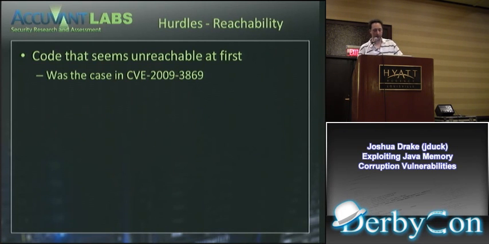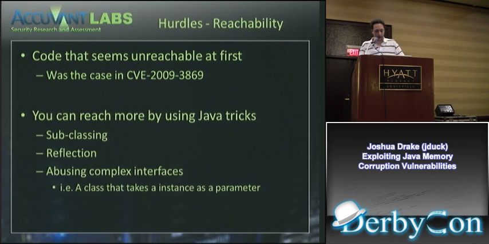So another hurdle is a lot of times some of the Java vulns that come out, like I said, don't have much information, and they may look like they're not exploitable or reachable in any way when you first look at them. And CVE-2009-3869 is actually one of those cases. It turns out that you can reach these pieces of native code by doing all kinds of tricks like subclassing.